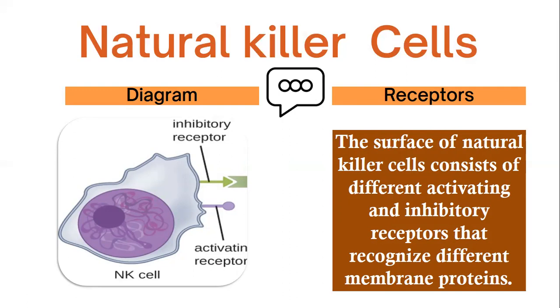This is the inhibitory receptor, and the other one, the purple one, is the activating receptor, which identifies tumor cells or virally infected cells. The surface of natural killer cells consists of different activating and inhibitory receptors that recognize different membrane proteins. Physically, there are two kinds of receptors: one is inhibitory, the other is activating.